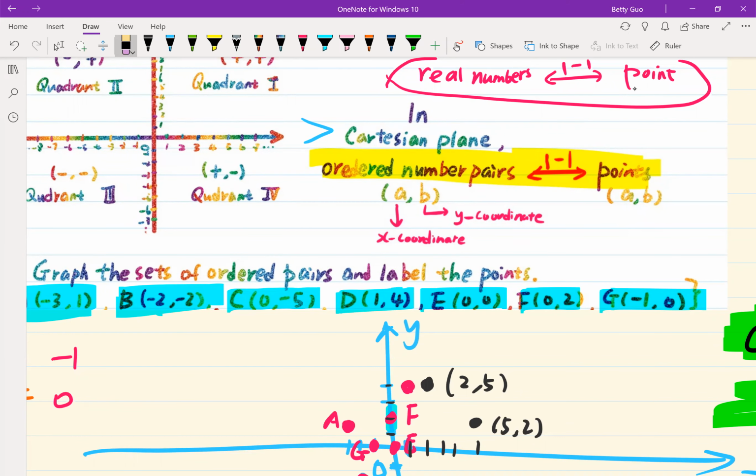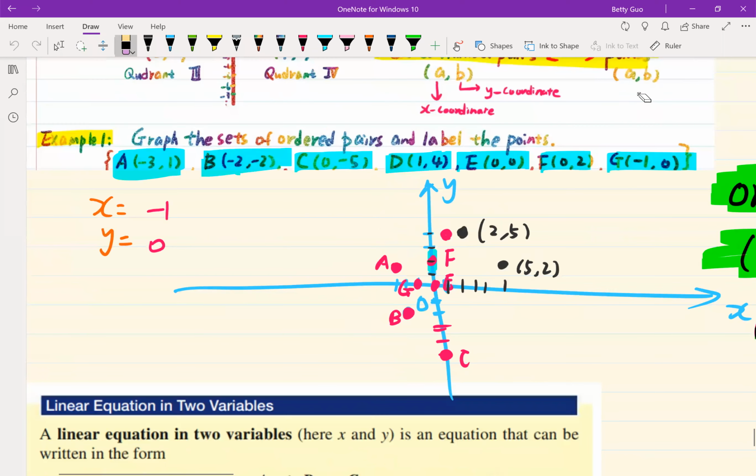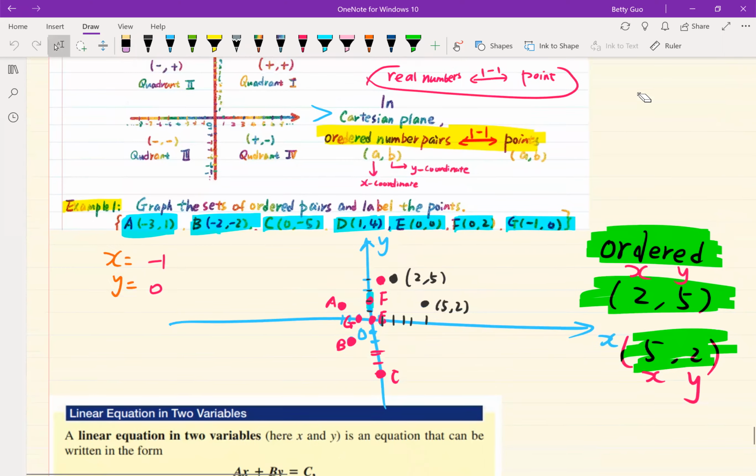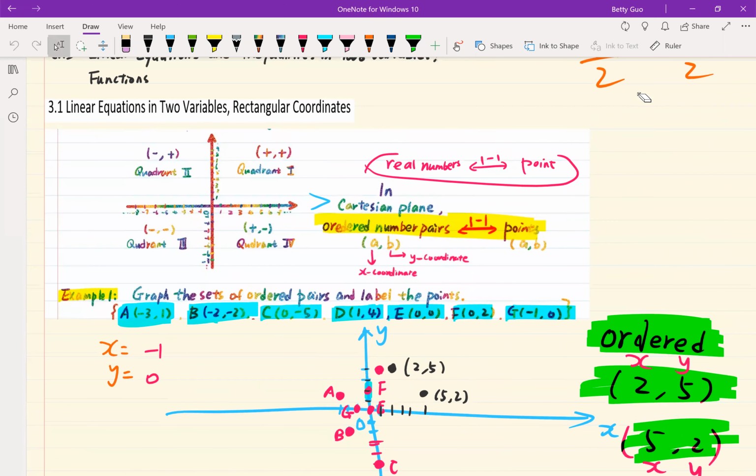When we see a point on the plane, we know that is an ordered number pair. When we see an ordered number pair, we know that is a point on the plane, a two-dimensional space, a surface. Please repeat this part and really understand the concept of rectangular coordinate system.